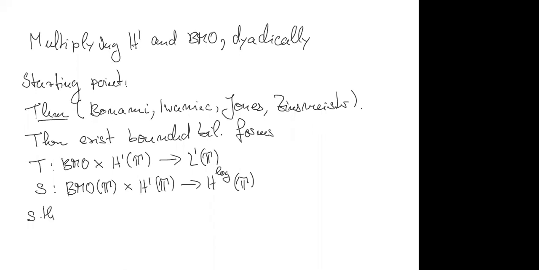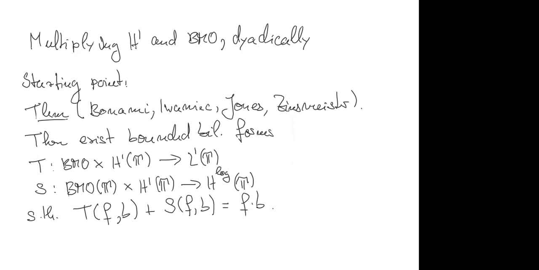Such that the sum of these two bilinear forms is just the ordinary product. I apologize for the noise. It's the rain in Sweden, which is coming on the roof.